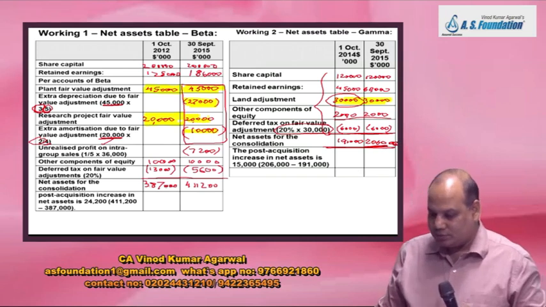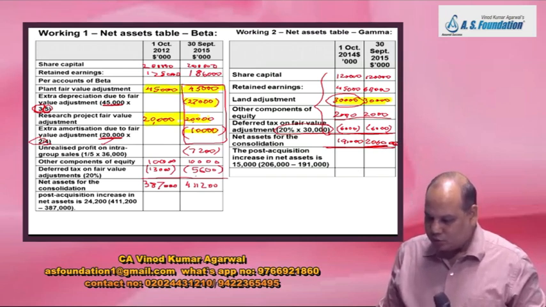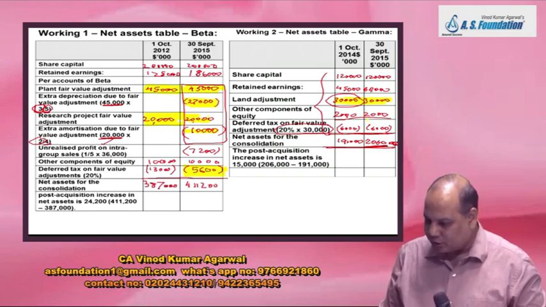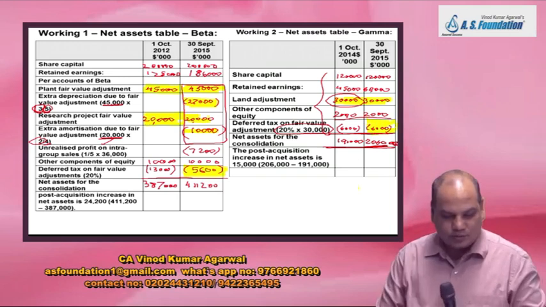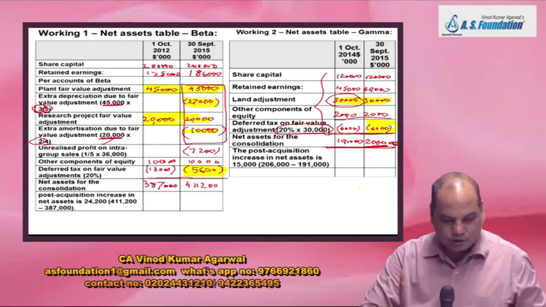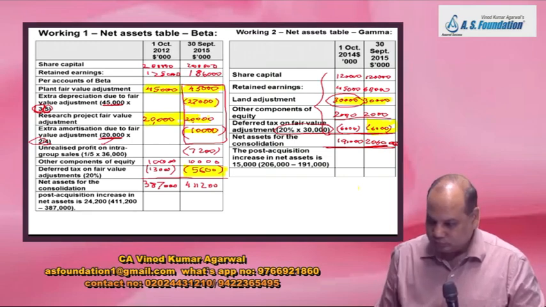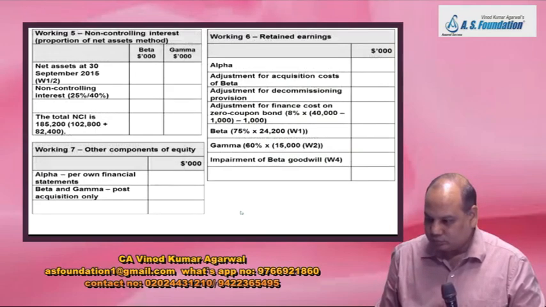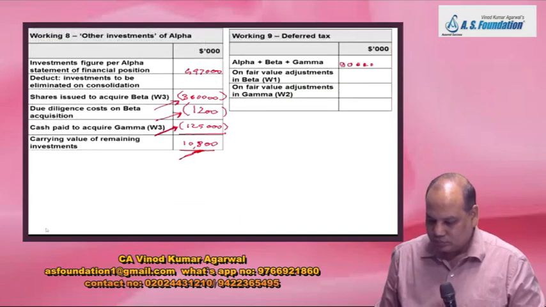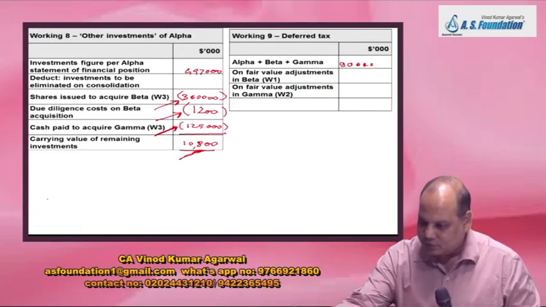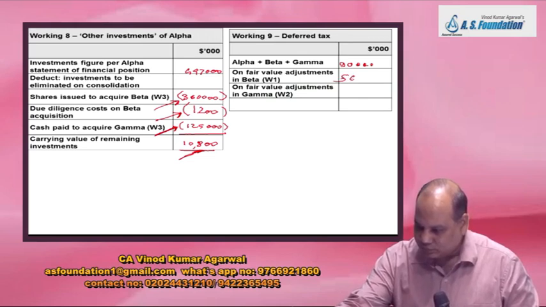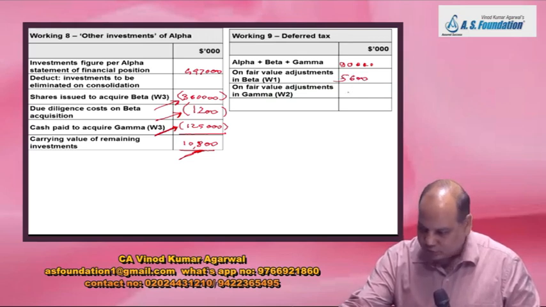Now dear student, first we will write these two deferred tax figures in that working note on deferred tax. Closing deferred tax 5,600 here and 6,000 here. Can you see this? 5,600 and 6,000. Go to that working note number 9. 5,600 and 6,000.